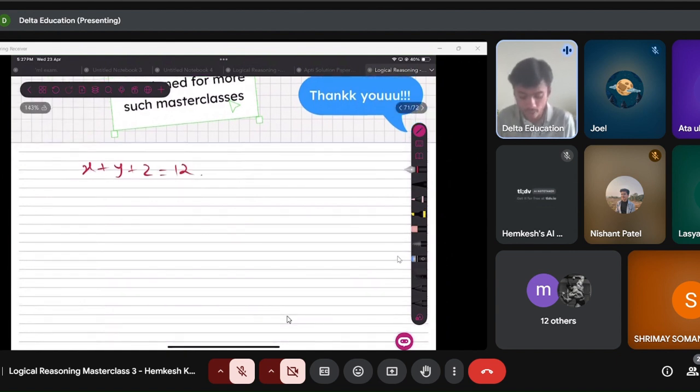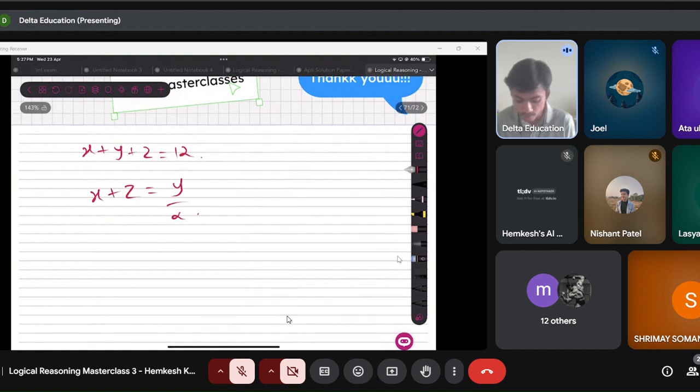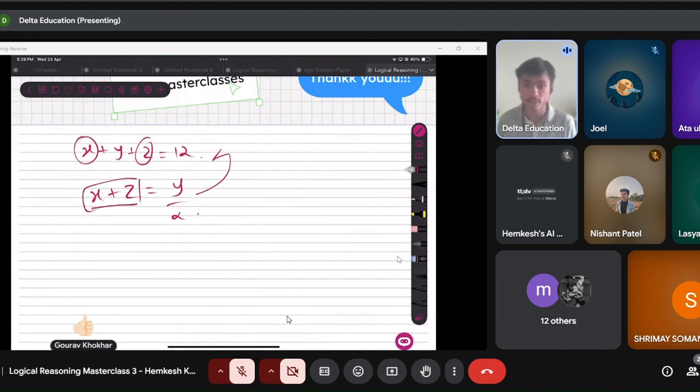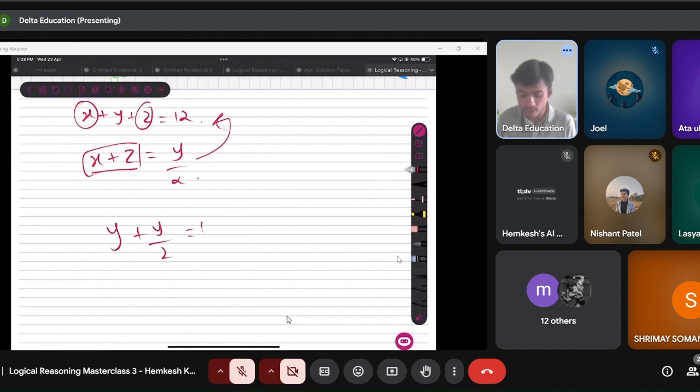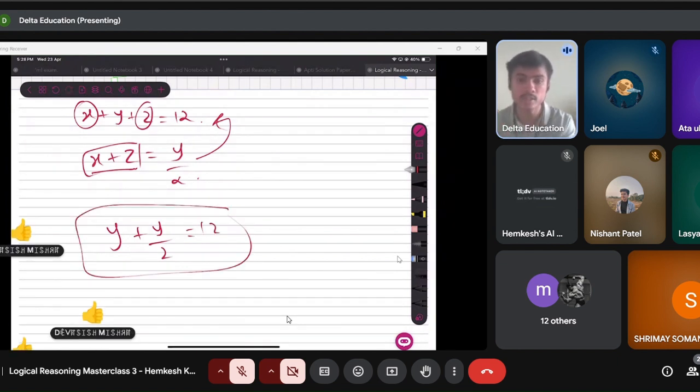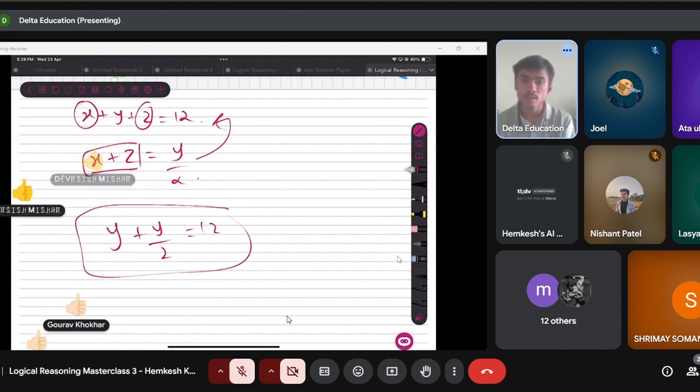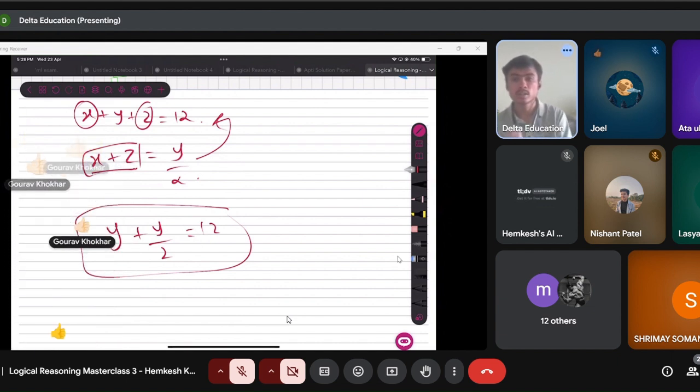And also we knew that x plus z was y by 2, correct? So if we just substitute this x plus z in this equation, we would completely get y plus this, which is y by 2, is 12. So from here we get y plus y by 2 is 12. Got it? Yeah. So this question is clear.